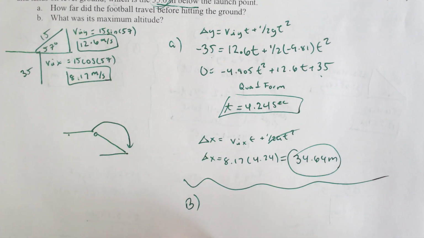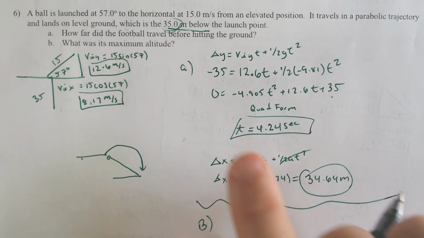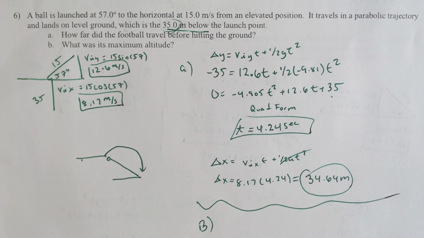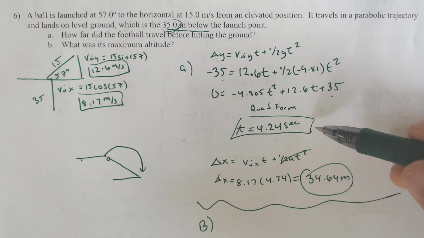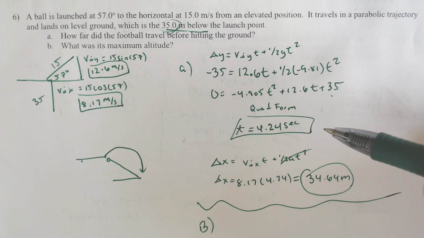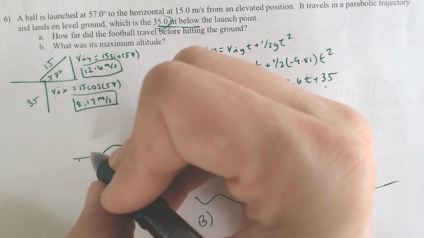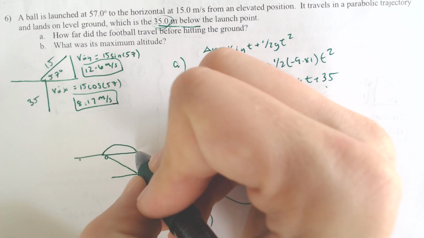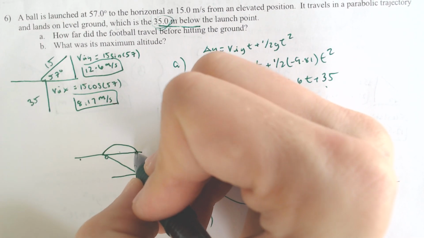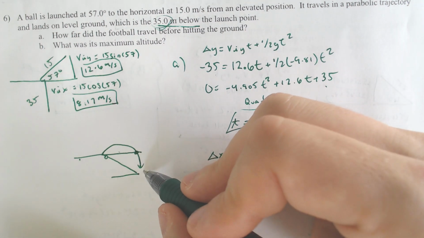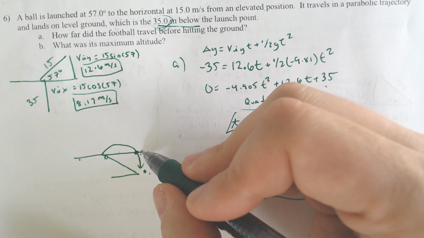Part B. All right. What is the maximum altitude? You got options for the maximum altitude. You cannot take half of the time, though. So actually, that really limits the options. You can't just halve this time because it would be the half time from here to this spot, but it took some time to go from that -35 down.